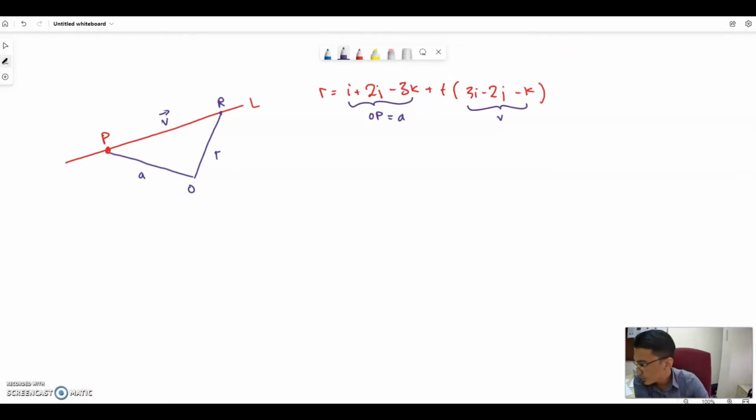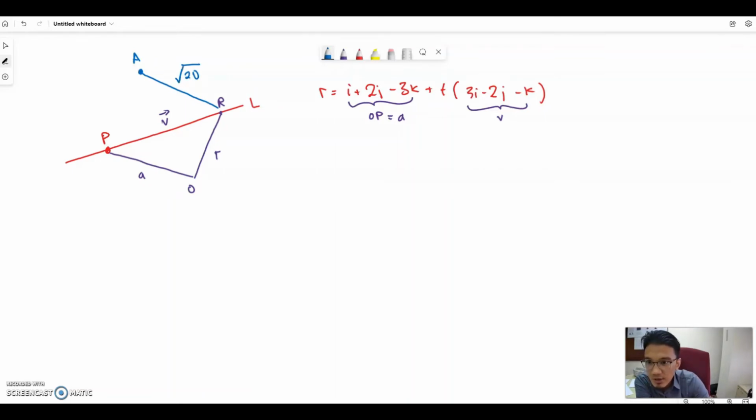Question b wants us to find the position vectors of the two points on L which are at a distance of square root 20 from point A. Let's say this is our point A. Since r can be any point along the straight line L, we can say that from A to r, the length is square root 20.